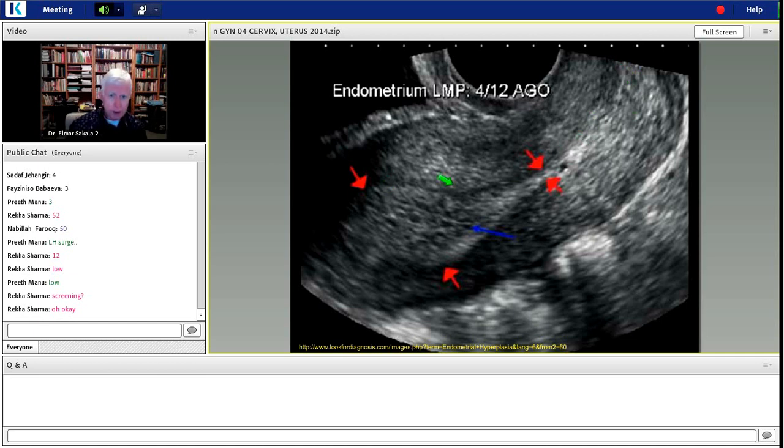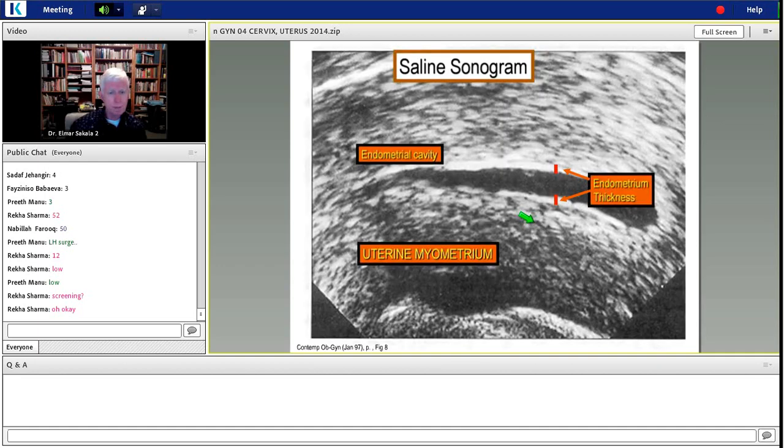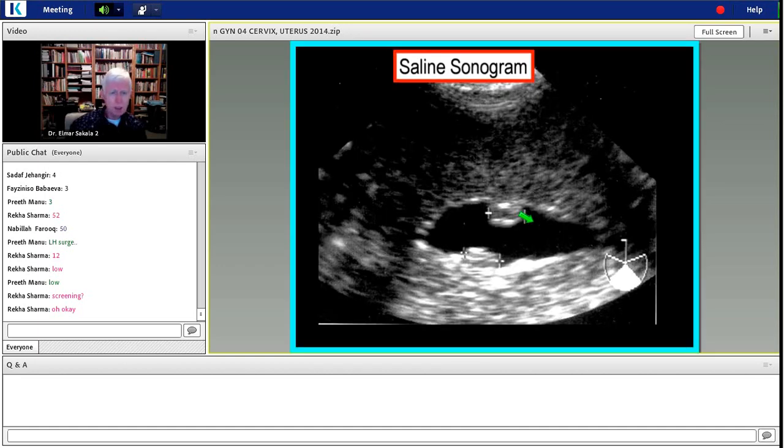This is the uterus. Here is the cervical canal. And can you see how thick the endometrium is here? Pretty thick. This could be hyperplasia and even cancer. I already showed you the saline sonogram.